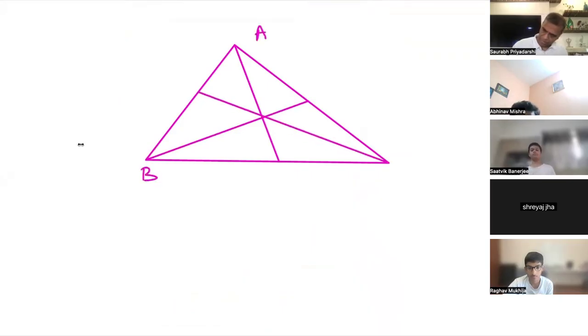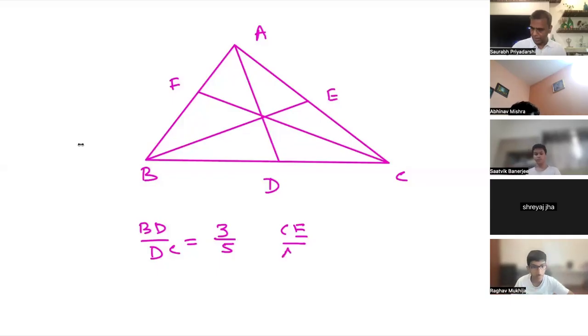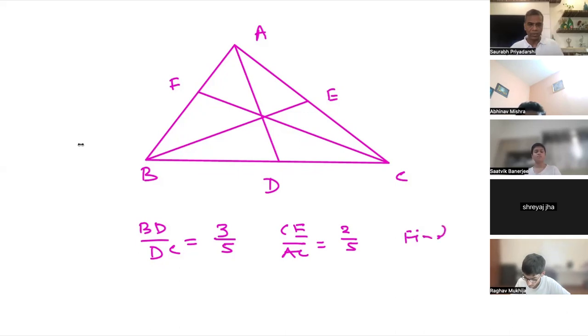A, B, C, D, E, F. BD by DC is 3:5. CE by AC is 2:5. Find AF by FB. Watch carefully, there is only a slight change, which is what makes you go wrong. So, carefully.